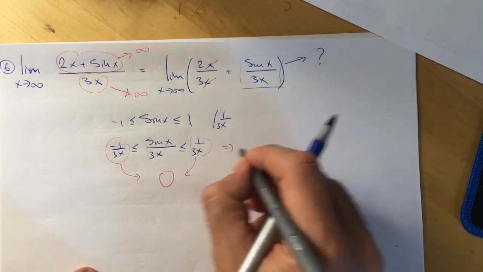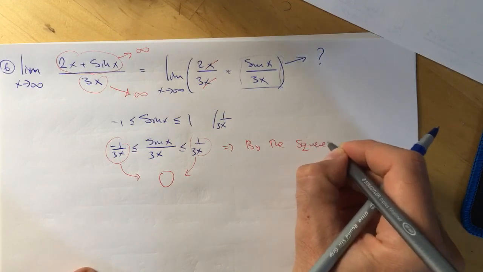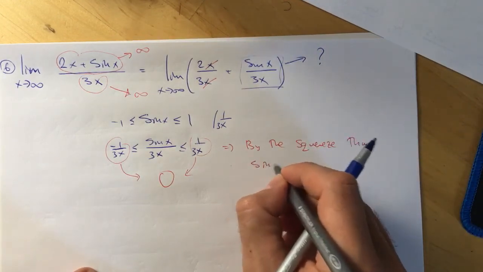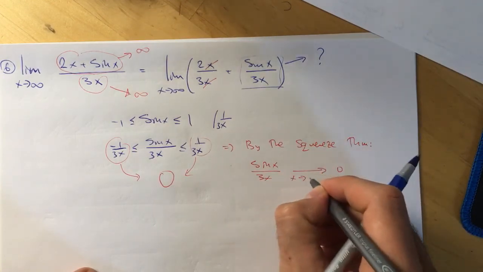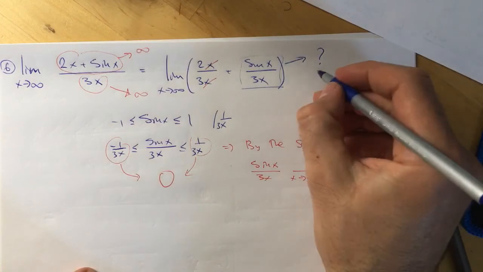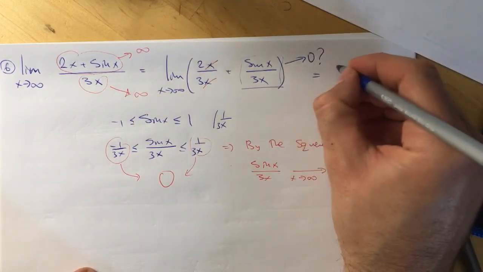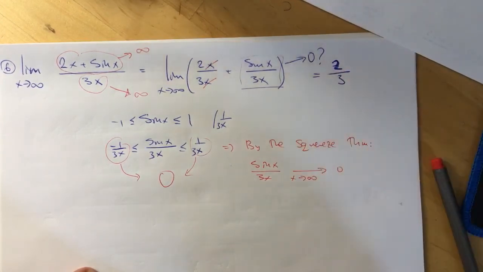So from here, by the squeeze theorem, sine of x over 3x will approach 0 as x goes to infinity. So obviously sine of x over 3x will go to 0, and this limit is just 2 over 3. That's the answer.